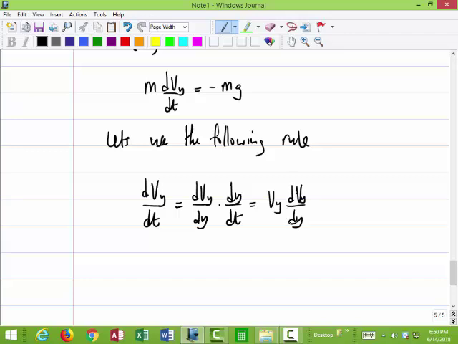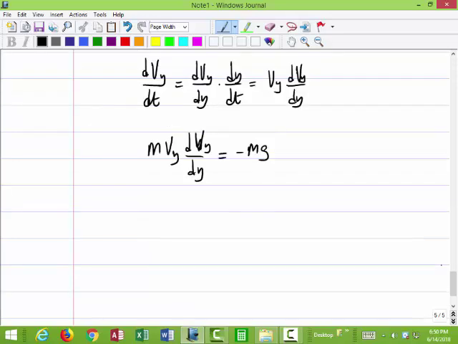So let's now substitute this into our formula above, and we shall have m v subscript y dv subscript y dy equals minus mg. And then integrating both sides, we'll have the integral m v subscript y dv subscript y to be equal to minus mg, and then we are integrating dy.